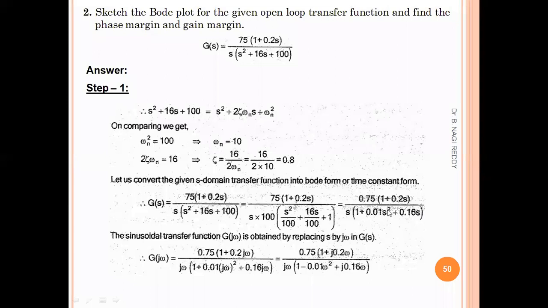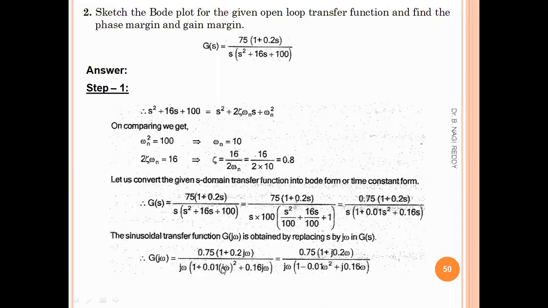So in the place of s you substitute j omega here, so 0.01 into (j omega) whole square and 0.16 into j omega here. Of course this is a quadratic function, and the denominator is not in a factorized form, so we have to complete the problem.